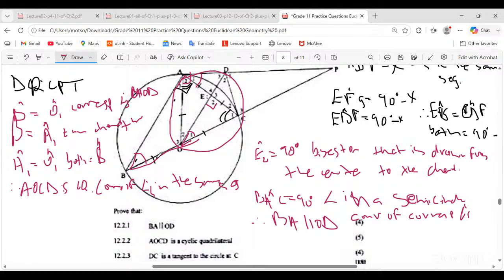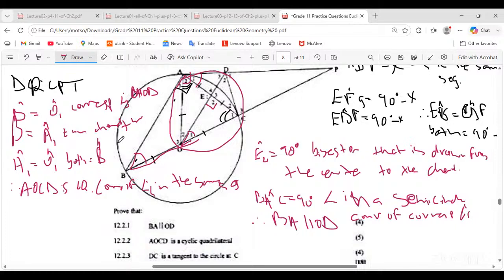Okay, it is going to be here as well, because these are other radii. Oh, there we go. There we go.